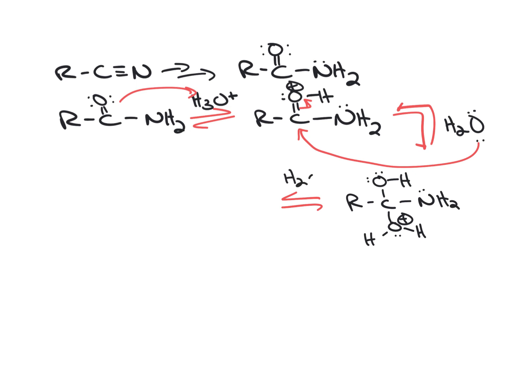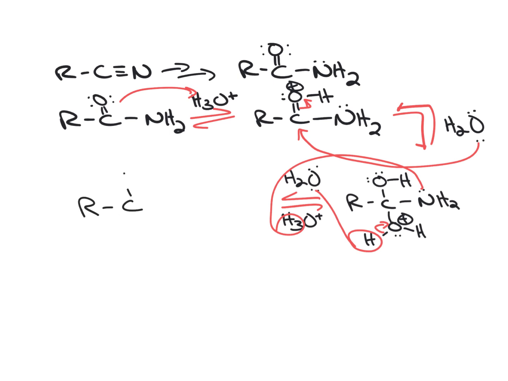So water can grab off one of these protons, and H3O plus can give up a proton to the nitrogen, and that would give this intermediate.